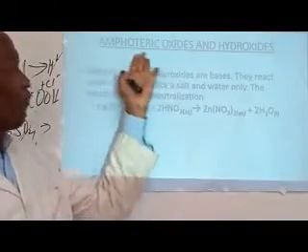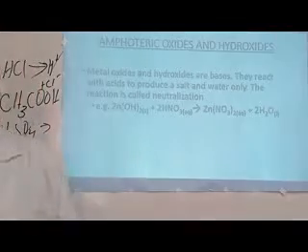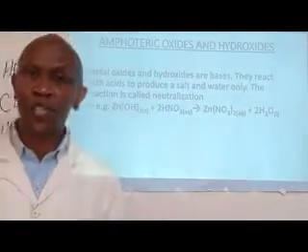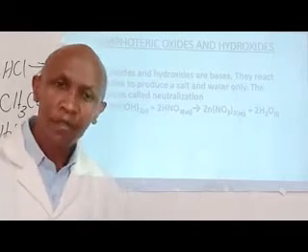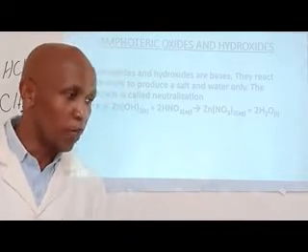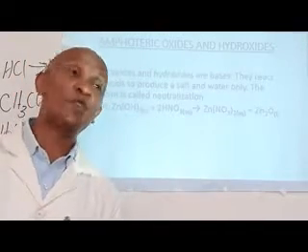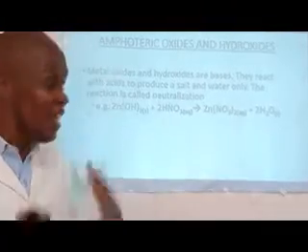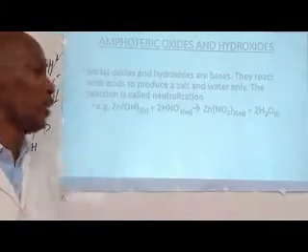Having talked about that, let's get to amphoteric oxides and hydroxides. We know that metal oxides and hydroxides are bases, right? That's what we said in Form 1. Therefore, metal oxides will react with acids unless they are forming an insoluble salt.